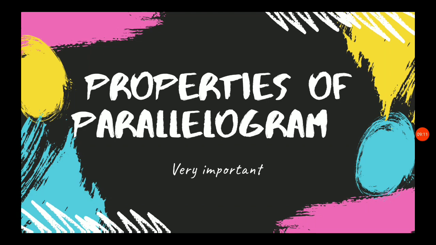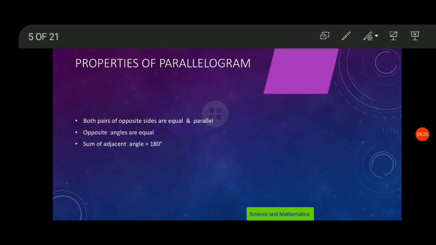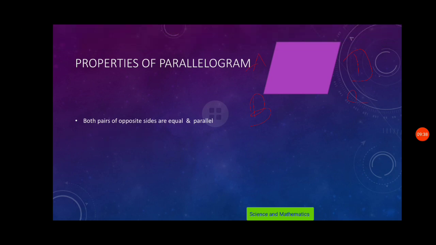What are the properties of a parallelogram? The first property is that both pairs of opposite sides are equal and also parallel. Let me mark it as A, B, C and D. Both pairs of opposite sides are equal, we have learned this property.